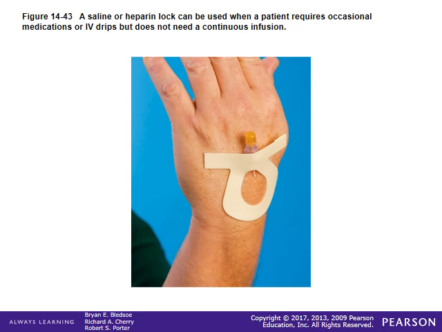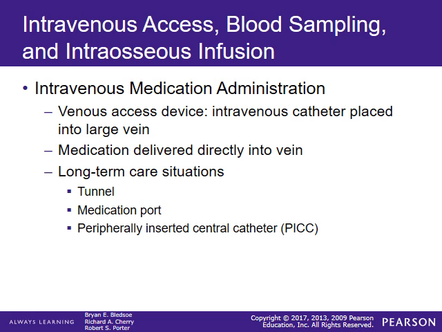Saline or heparin locks are commonly used when fluid is not needed in a patient, but IV access is desirable for possible medication. Patients will occasionally be provided with an indwelling catheter, a venous access device that is placed usually into a deep, large vein.